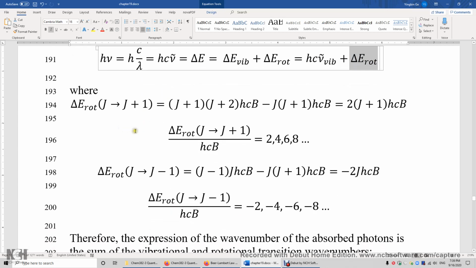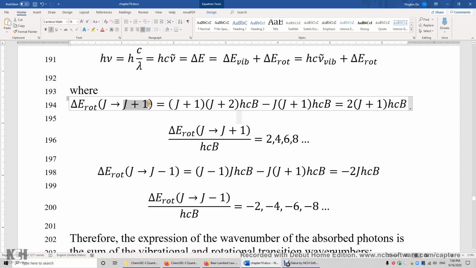So it's possible for the HCl to undergo rotational excitation or rotational de-excitation. In excitation, J increases by 1. In de-excitation, J decreases by 1. So let's look at these two different formulas. Over here, this is the final energy minus initial energy. The result is here. Well, J can be 0, 1, 2, 3.